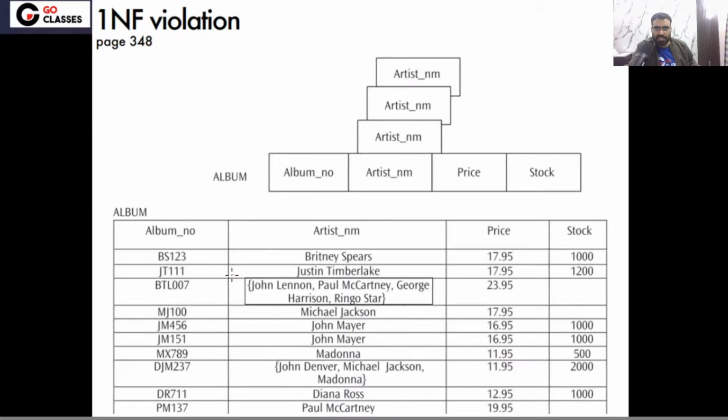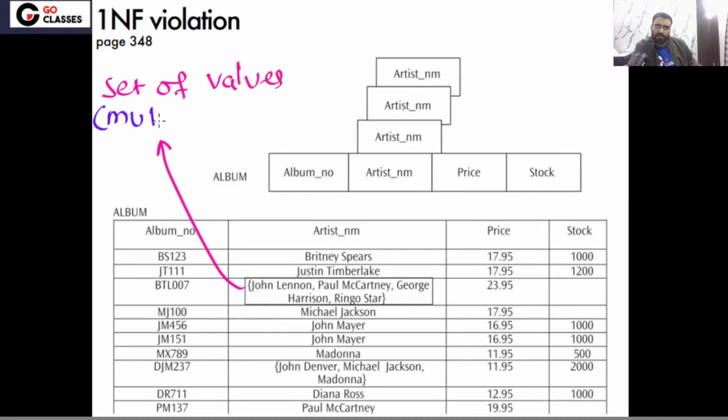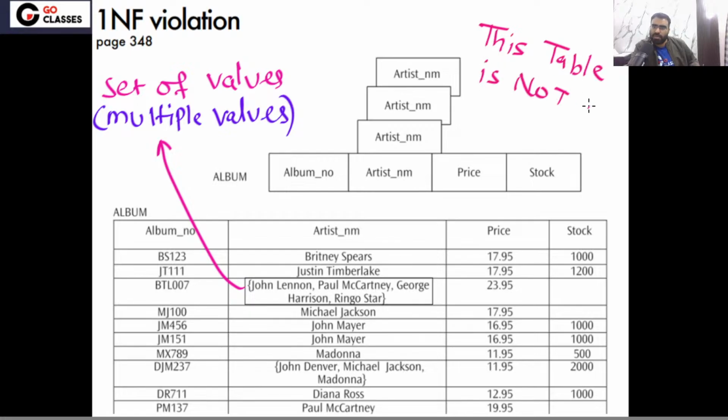So you can easily see that because this is a set of values, or multiple values, this table at this moment is not in first normal form.